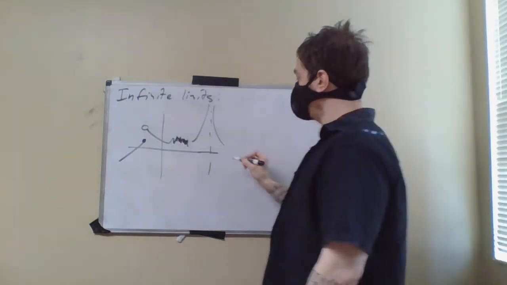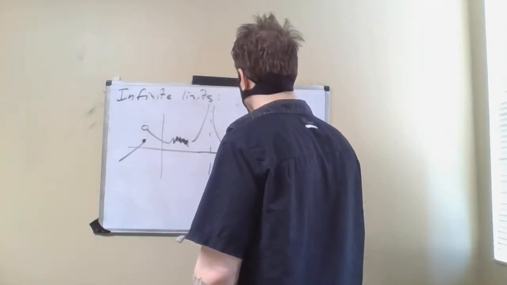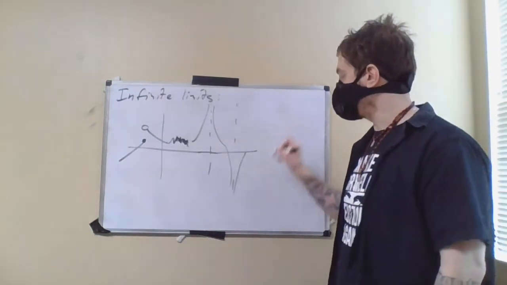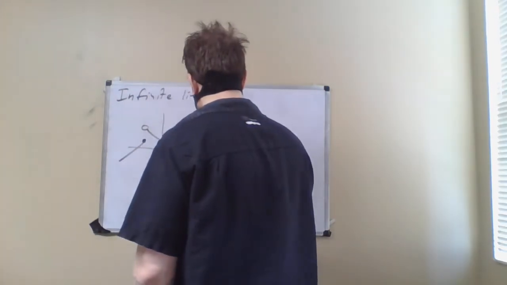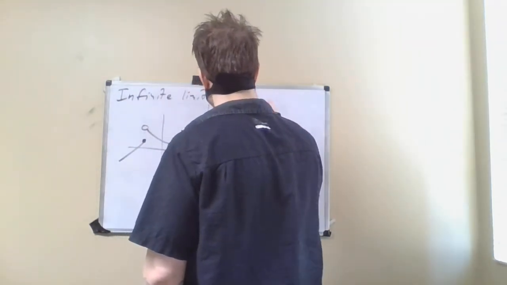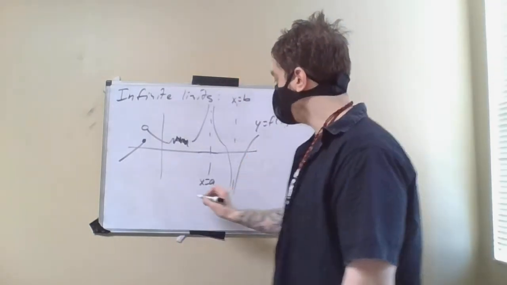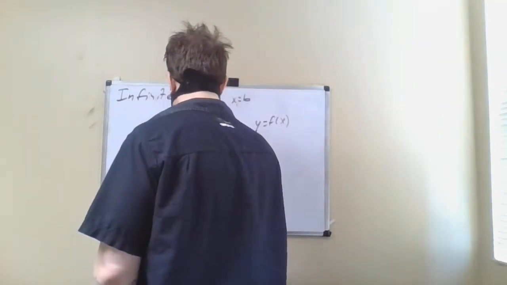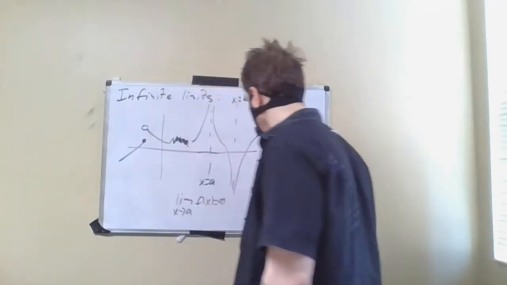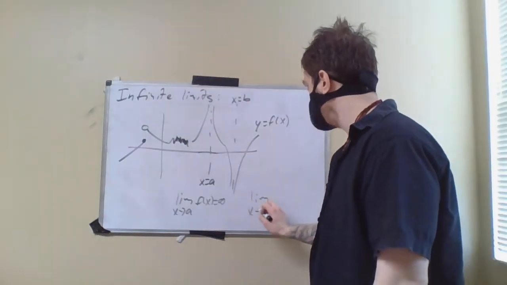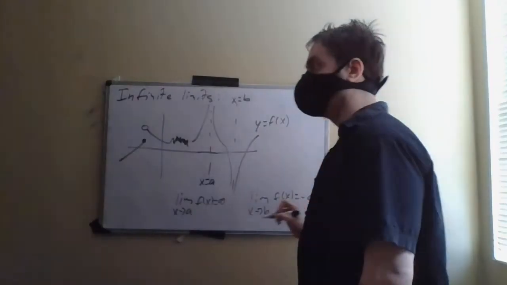We would also consider it to be an infinite limit if we had a vertical asymptote and on both sides the function goes down towards negative infinity. So in this case, if this is x equals a and this is x equals b, and this is my function y equals f of x, what we want to say is that the limit as x approaches a of f of x is equal to infinity, and the limit as x approaches b of f of x is equal to negative infinity.